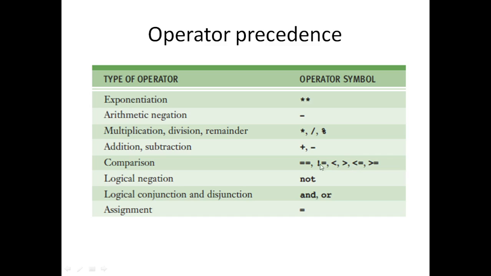After combining, we have to go for the comparison operators. Comparison should be done first, after that we do the not operation, and after that we go for the and, or operations. So this is operator precedence.